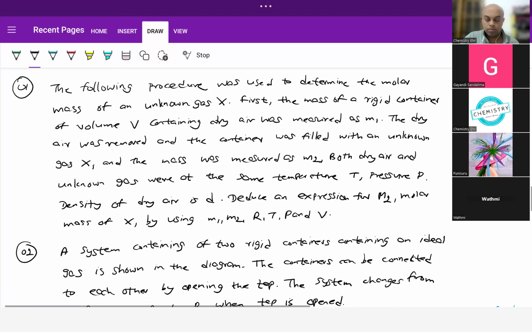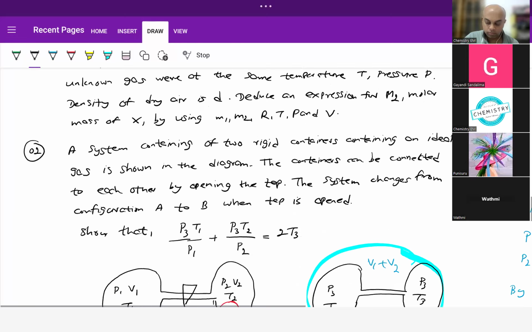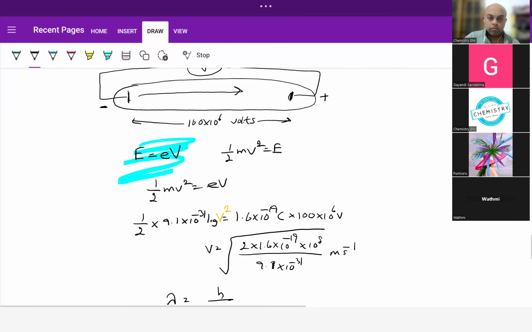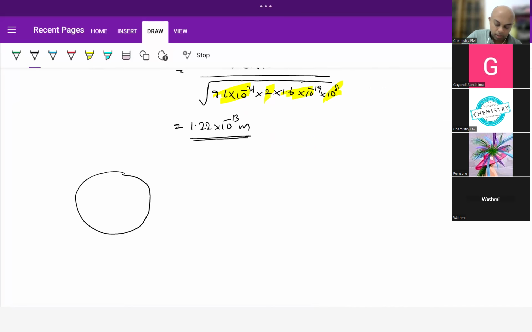Right. Now let's try to visualize this one. When dry air was in the container, the mass was M1.